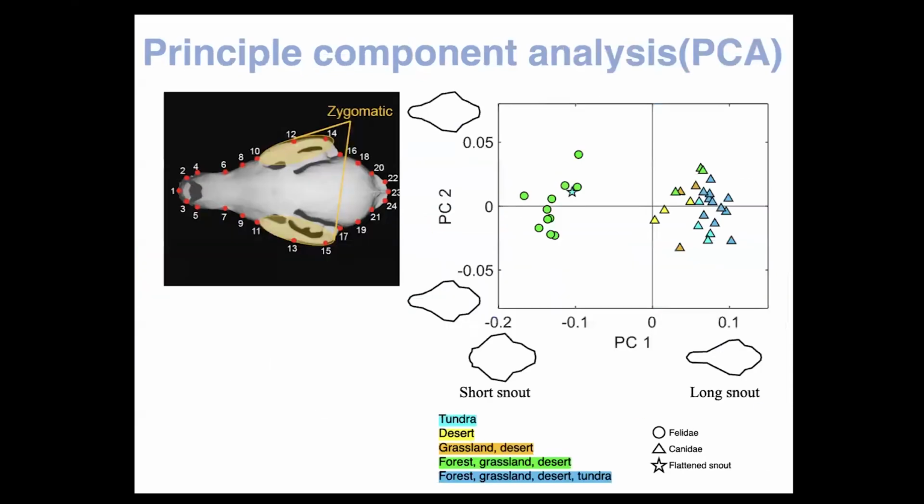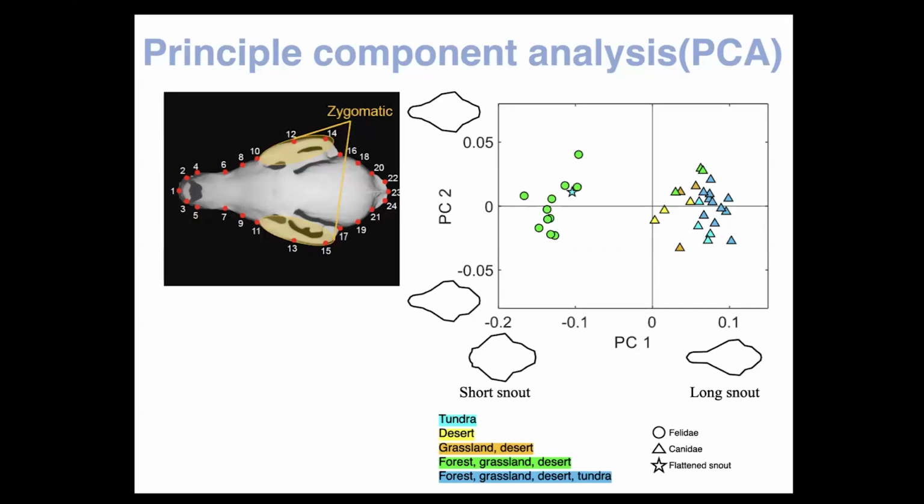This is something biologists use a lot: PCA analysis. They take all the morphological information and put it into the PCA analysis, and then they can see where certain skull shapes are located on the PCA axes. PC1 represents the long snout versus the short snout.